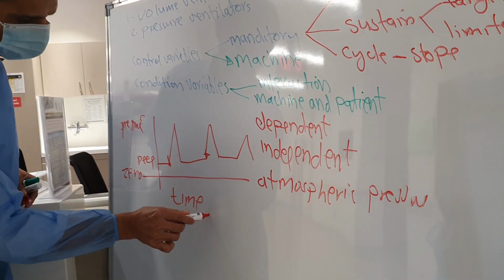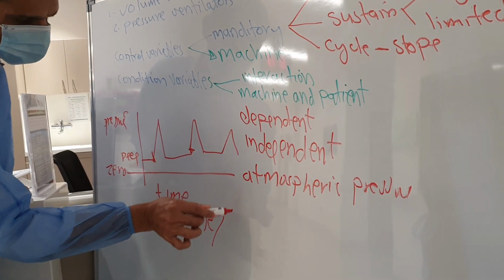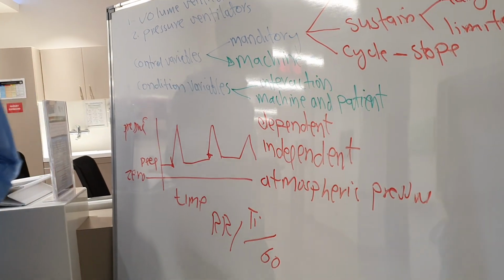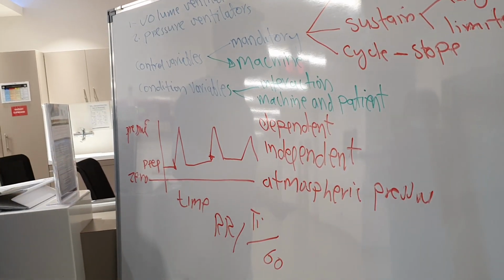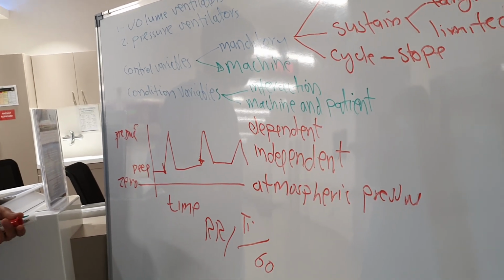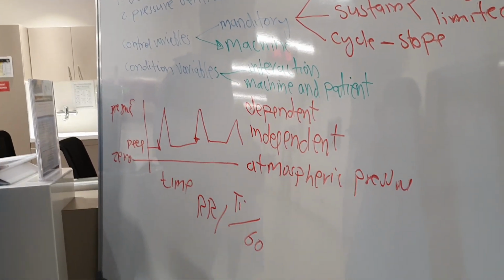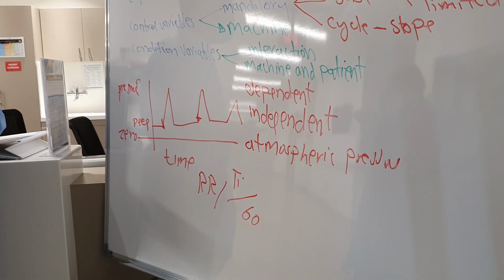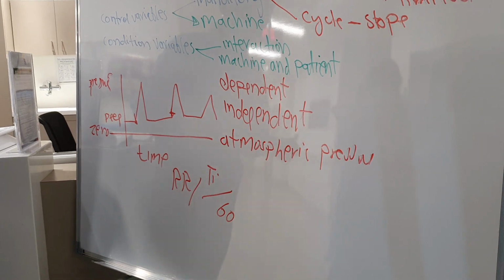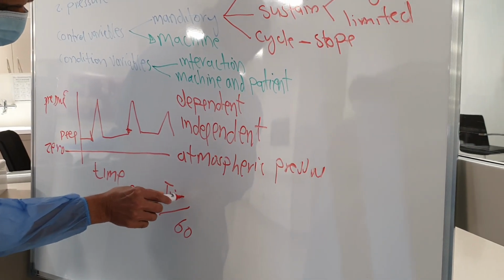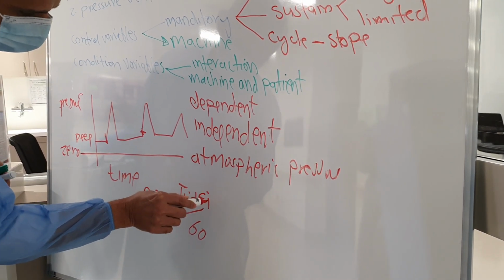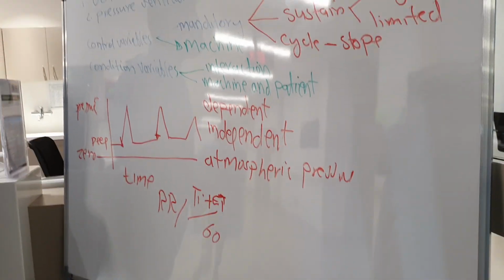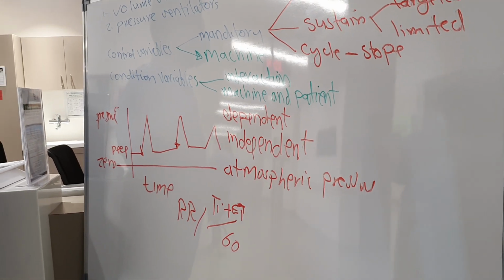So we have the respiratory rate, which is 60 divided by the inspiratory time plus expiratory time. You got the rate, right? 60 seconds, 1 minute, right? So let's say the inspiratory time is 0.3 and the expiratory time is 0.7.